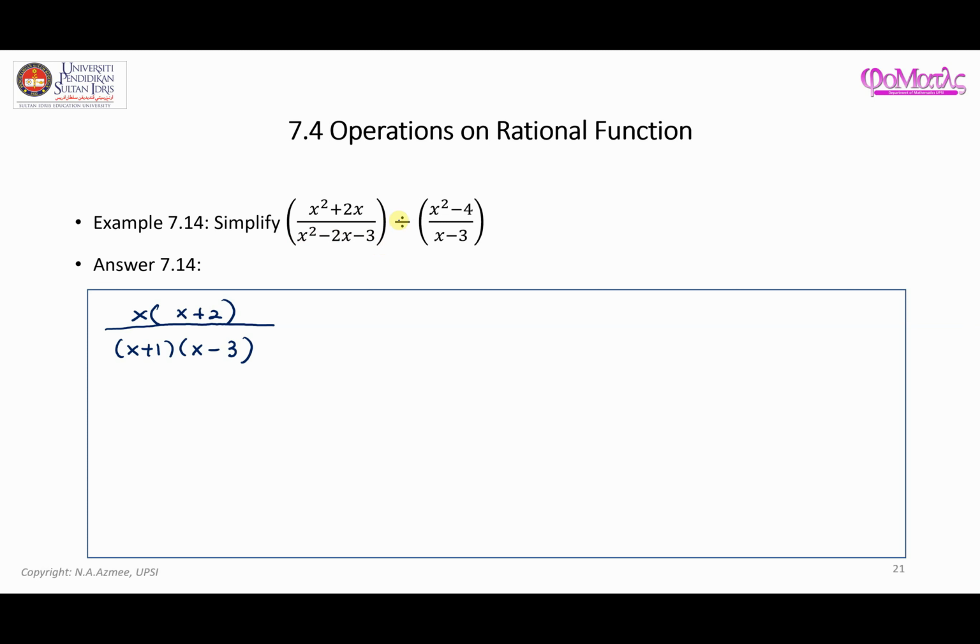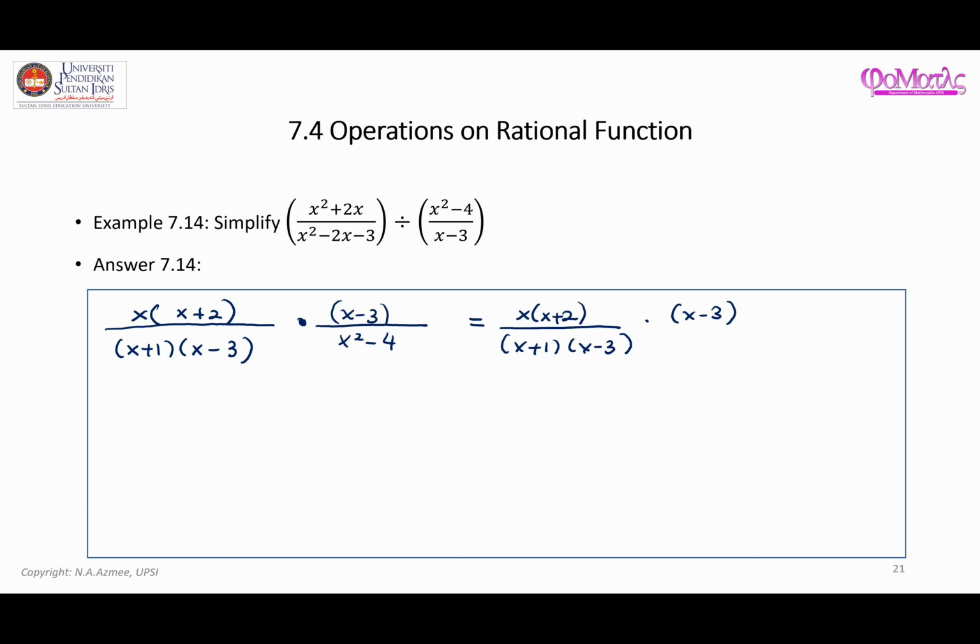Next, when you have a division operation, this term here can be flipped. Instead of dividing, you will multiply with x minus 3 on top over x squared minus 4. Next we will have x plus 2 over x plus 1 and x minus 3, times x minus 3.